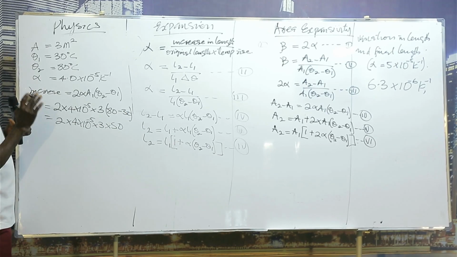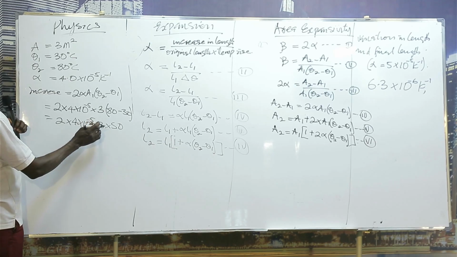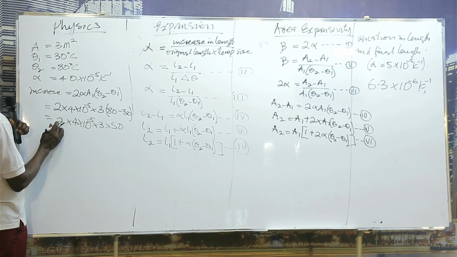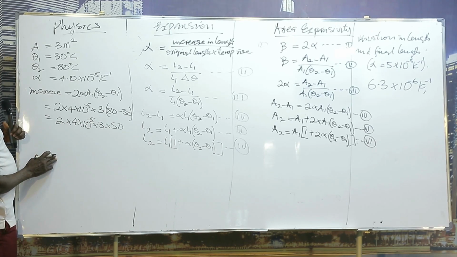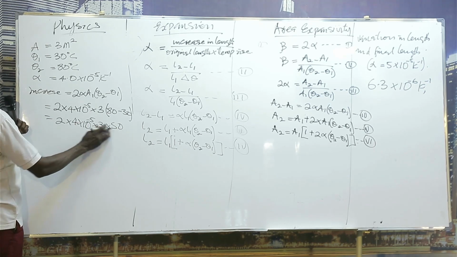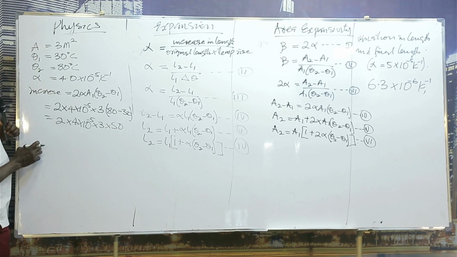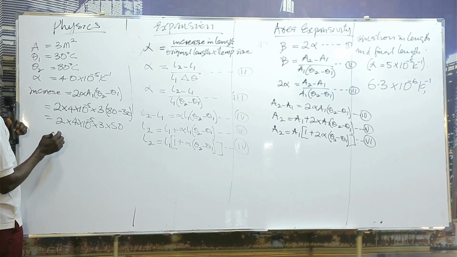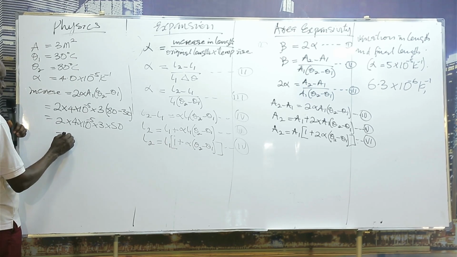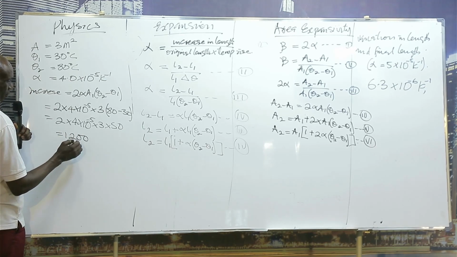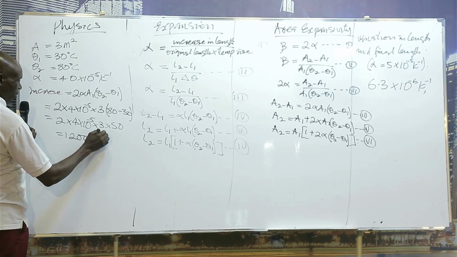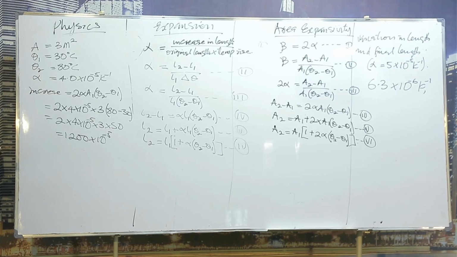Let us do it the same way. 2 times 50 is 100, times 3 is 300, times 4 is 1,200. Multiply by 10 raised to power minus 5.